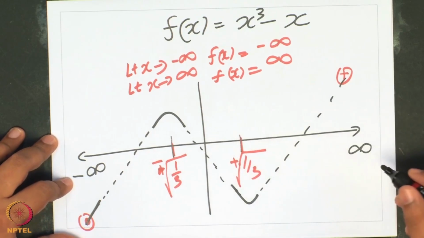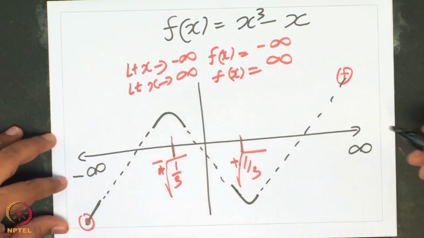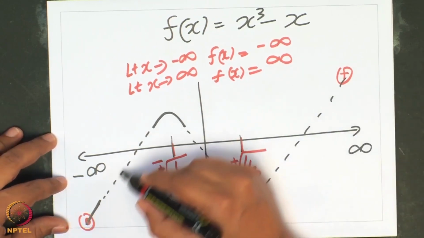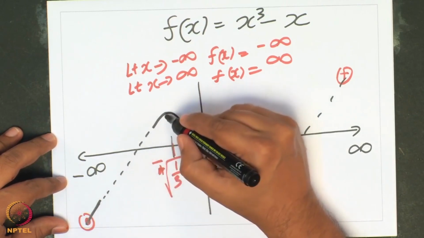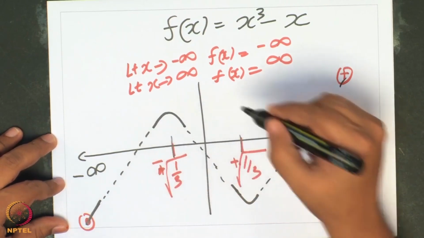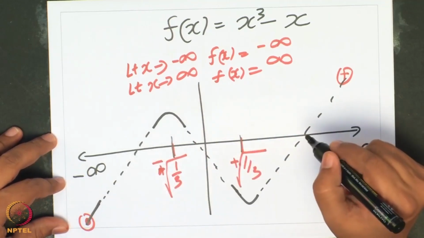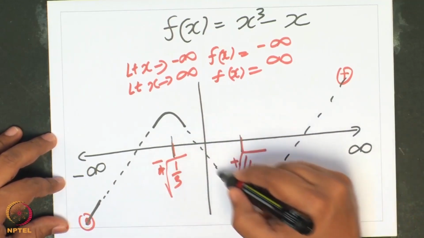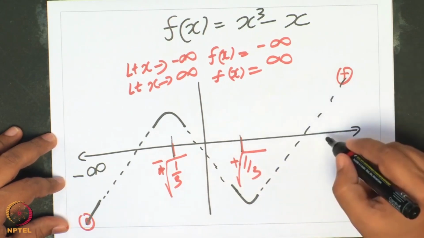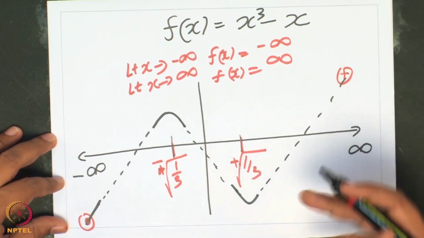This is some guess that I am making, but we have to confirm this guess. If this is starting here, I am going to make a turn here, and only 2 turns, and then it is going to come and turn again here and then reach the value. This is one possibility.